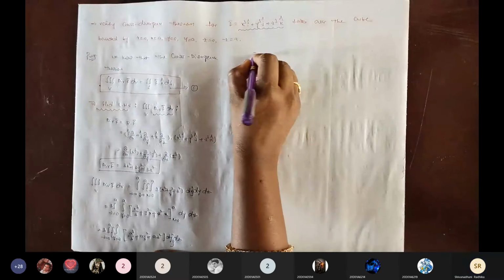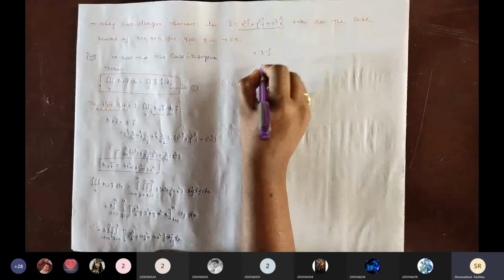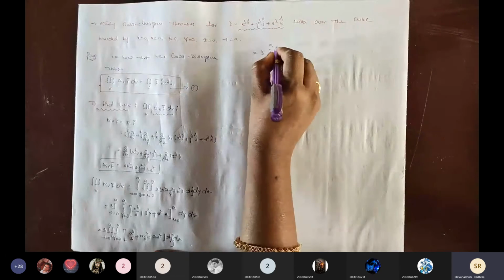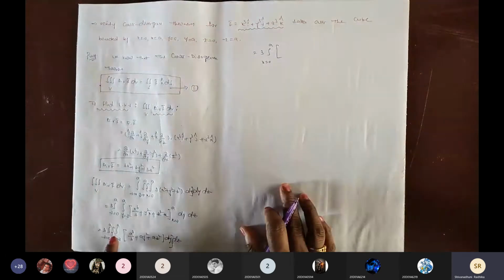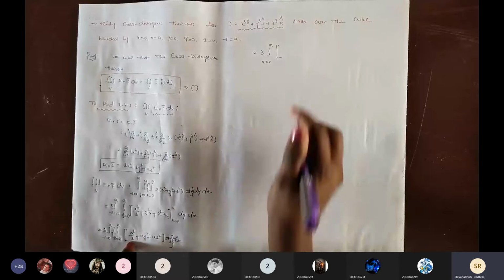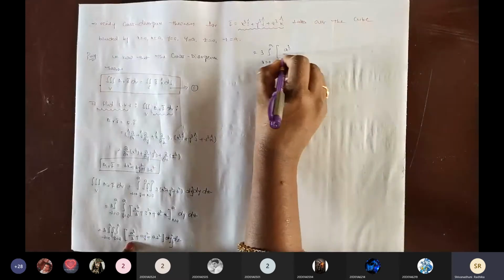Then with respect to y, we are going to integrate. So that is 3 into integration x equals 0 to a. See here, with respect to y, a cube by 3 is a constant taken outside.